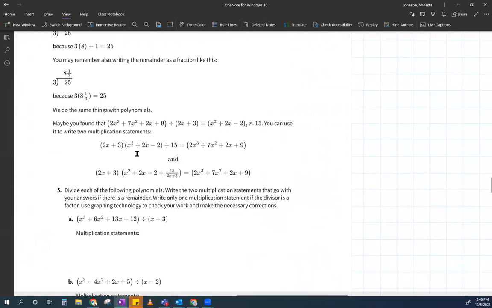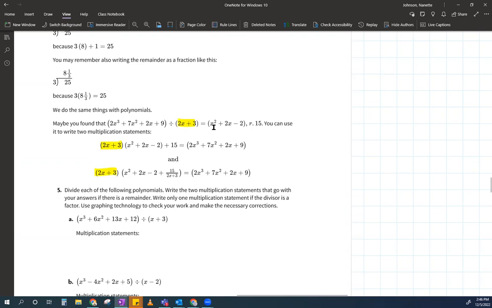Okay. So here's the answer, and we found this divided by this is equal to this, remainder this. You can imagine our remainder right here, and our quotient and all this stuff. So this 2x plus 3, let's highlight a bunch of things so that you all see where everything is coming from. This 2x plus 3 shows up over and over again. Here, here, here.